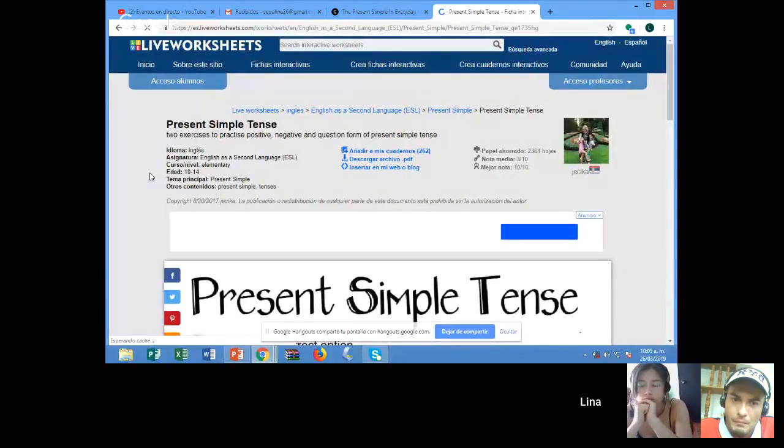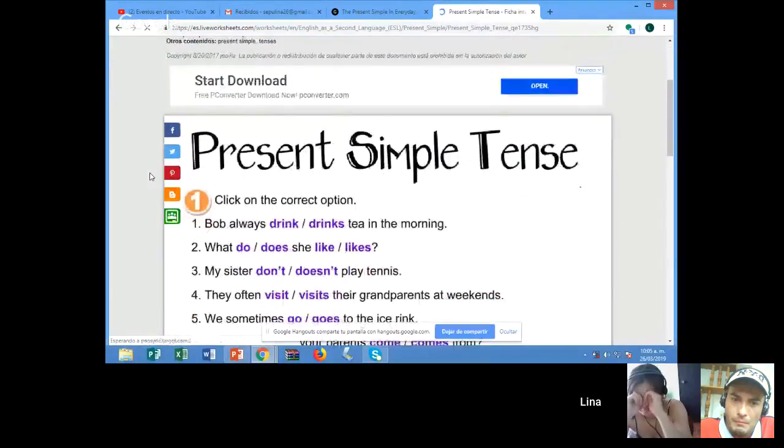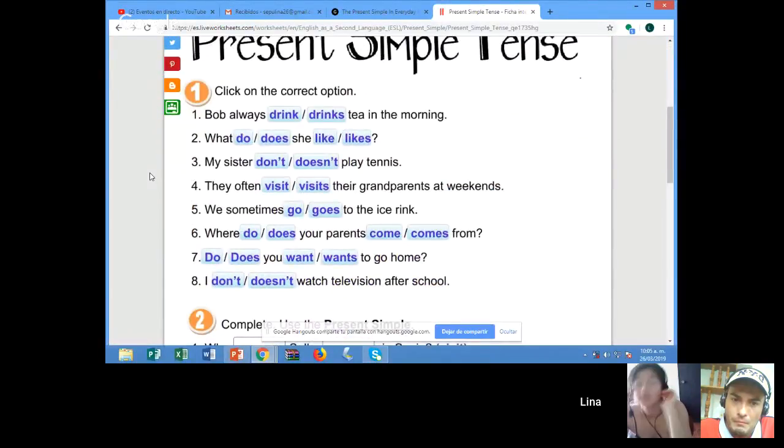So I want you to help me to check the correct option using the present simple. Remember, you need to add the S and you need to check if it's positive, negative, or in question form, okay? So, for example, here we have the first one. Bob always drinks tea in the morning. Carlos, what do you think?